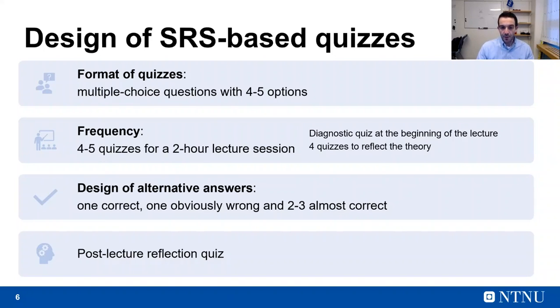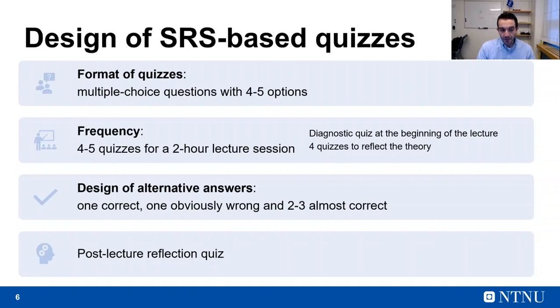And of course, I always started with a diagnostic quiz at the beginning of the lecture in order to link the material and the theories that I presented in the previous lecture with the ongoing lecture, to make the students aware of what we are going to talk about in the current lecture, and also to make the students able to link the concepts between 2 individual lectures.